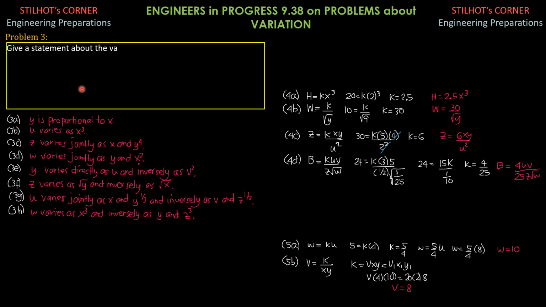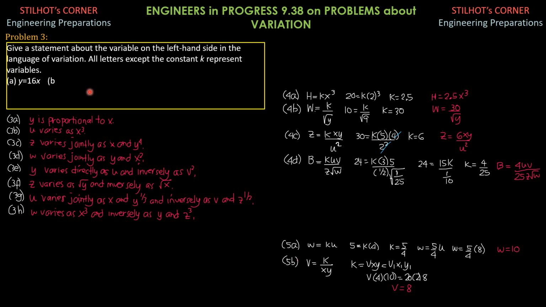Give a statement about the variable on the left hand side in the language of variation. All letters except the constant k represent variables. So A, y equals 16x. B, u equals negative 5x cubed. C, z equals 7x y to the fourth. D, w equals kx squared y.